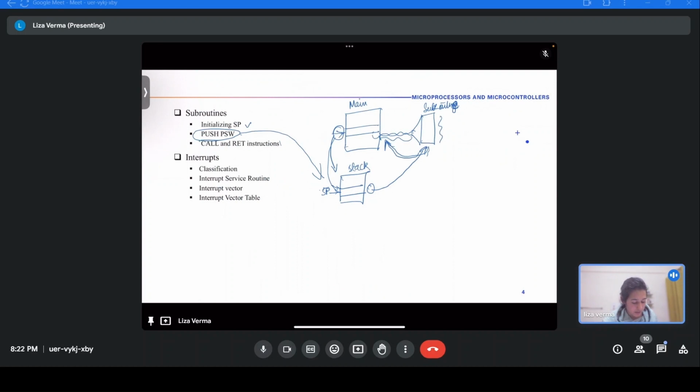Once you get the address back from where to resume in the main program, you pop out the PSW also, so that you can resume exactly where you were. Like you get the contents of the accumulator, contents of the flag register, and yeah, that's how subroutines work.